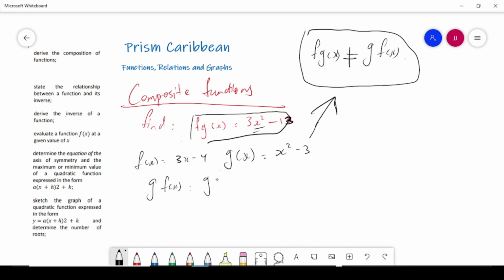Again, we isolate the second variable, which in this case is f. So we know f is 3x minus 4. And wherever we have x now, right? we input it into this.